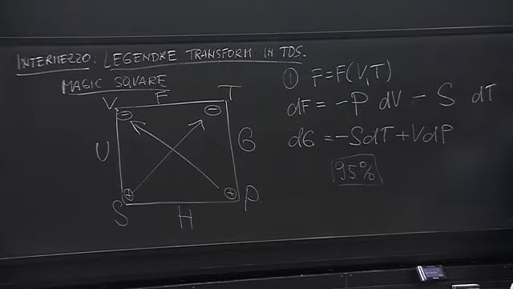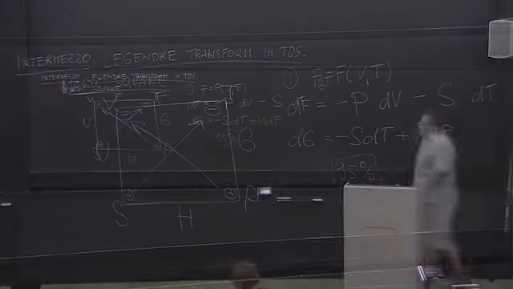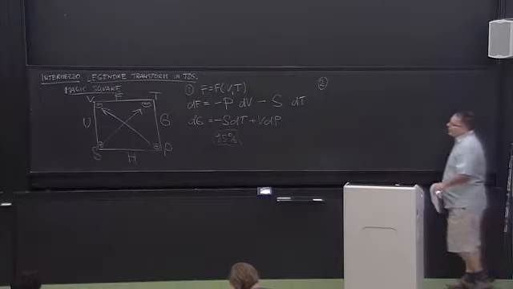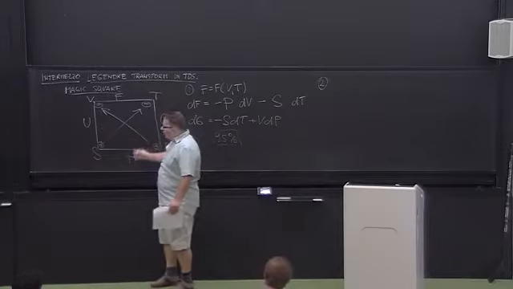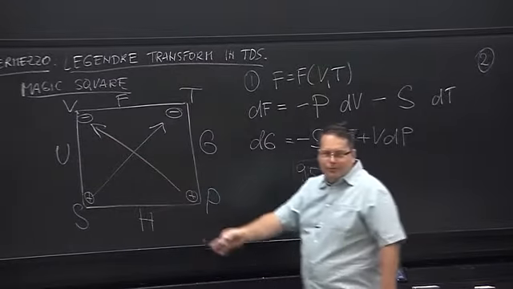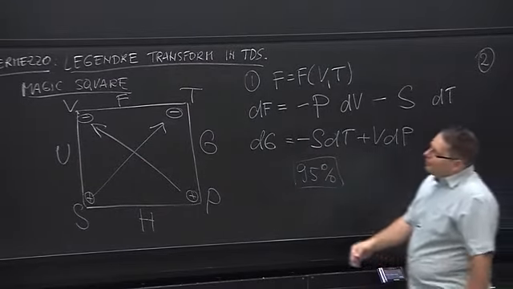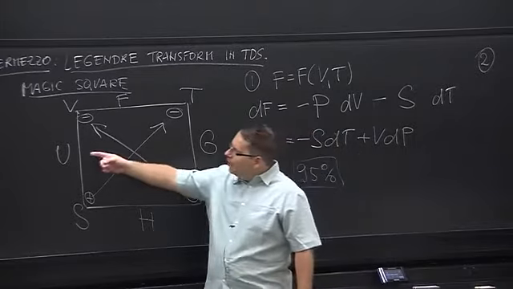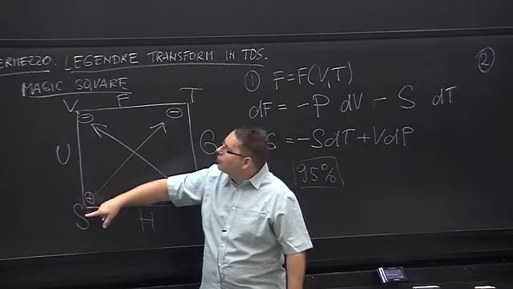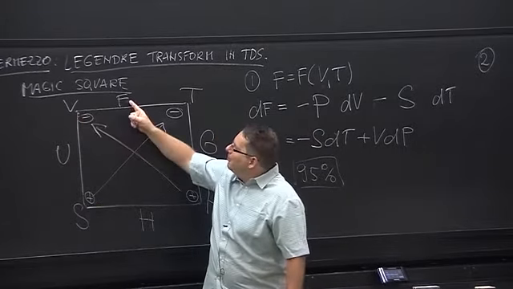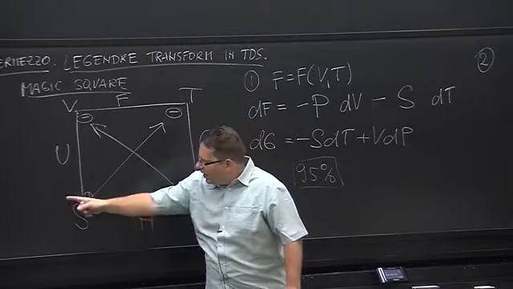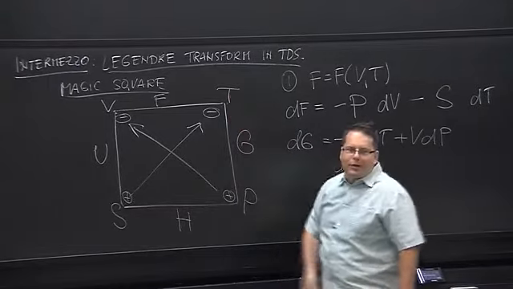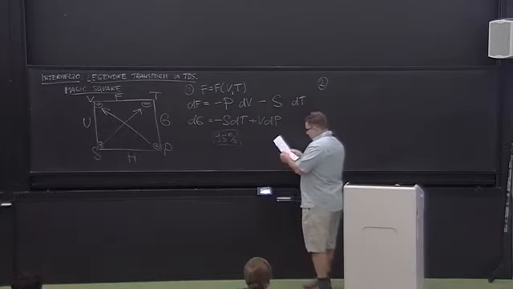But first, how the Legendre transform behaves. All these thermodynamic potentials are connected by the Legendre transform. Going from one to another is just changing variables. If you have U, which is a function of S and V, and you want F, which is a function of V and T, somehow you have to change S to T, right? That's precisely done by the Legendre transformation.